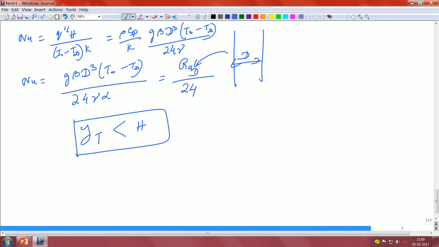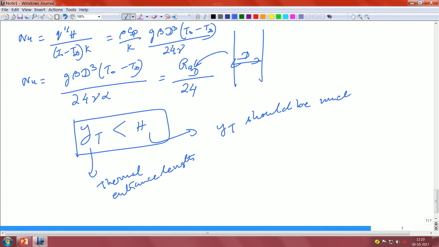So, the thermal entrance length yt is much smaller than the channel height h, right. So, that is one of the crucial conditions.